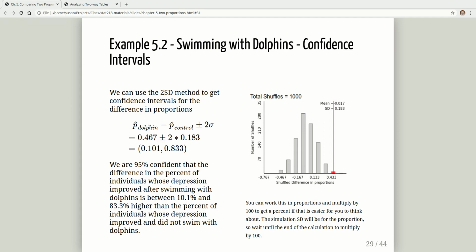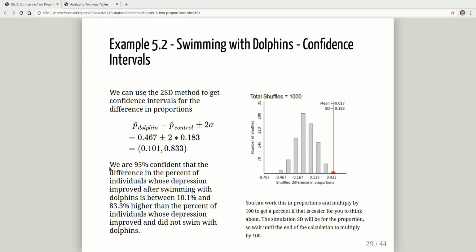Okay, so for any confidence interval, we have our sample statistic plus or minus 2 times the standard deviation under the null hypothesis, right? So in this particular case, our sample statistic is 0.467. Our multiplier is 2, like it always is, and our standard deviation is from the simulation, and we can get a simulation-based confidence interval, which we interpret more or less the same way that we've interpreted every confidence interval.